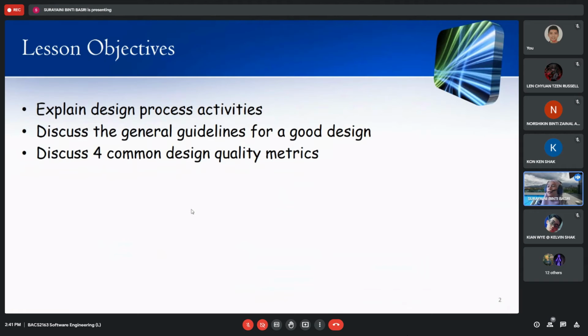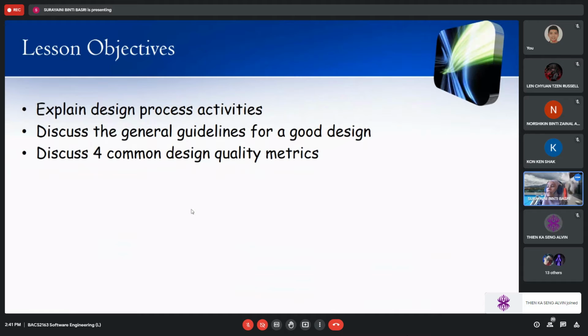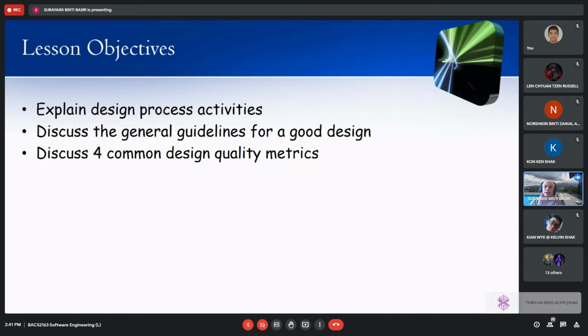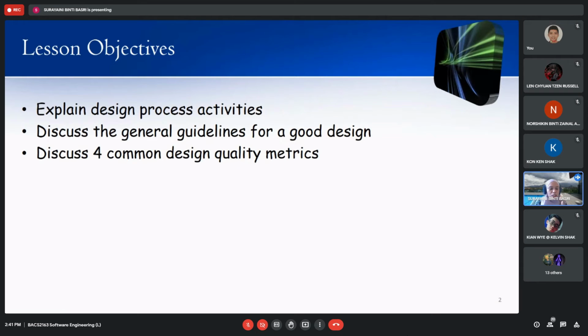After that, we will discuss four common design quality metrics, meaning there are four things that you will need to consider in order to make sure that your good design is a good design. To know that your design is a good design, it should have these four common design quality metrics. So what are they? We will learn about that after this.